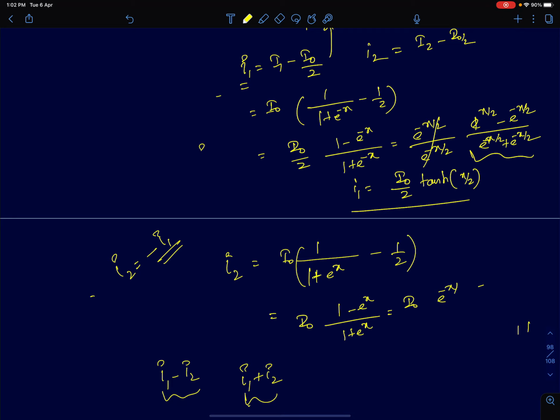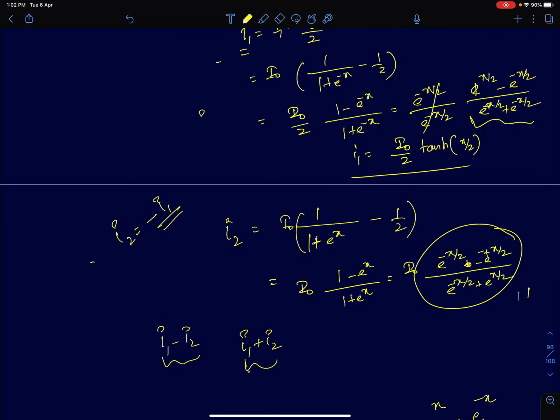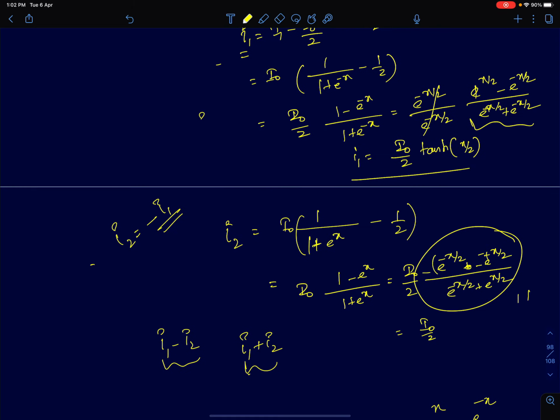I'll be left with e power minus x by 2 minus e power plus x by 2 by e power minus x by 2 plus e power plus x by 2. This expression is simply minus of tan hyperbolic x by 2. If I take minus 1 common out in the numerator, I will get I0 by 2 into minus of tan hyperbolic x by 2.